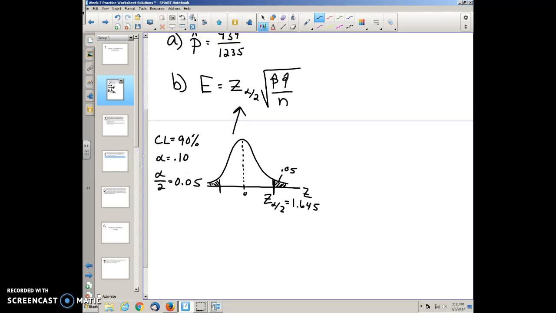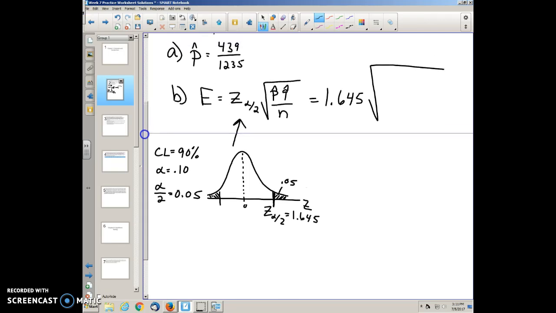So now we can plug our numbers into this formula. And what I'm going to do is I'm going to use fractions. So P hat is 439 over 1235. To find Q hat, you just do 1235 minus 439.